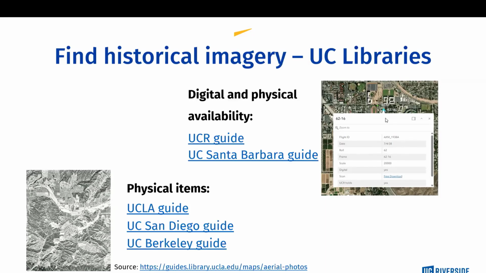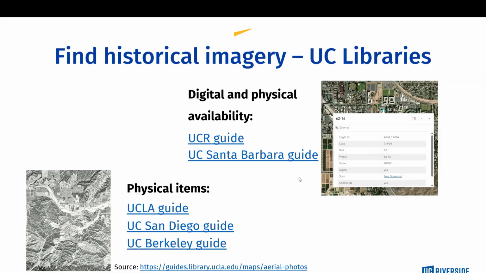So this is a screenshot showing the center point of a photo from 1938 that covers where our current campus is. And in this case, we do have a digital version of this image that you can also hold in your hand, but if you wanted to just download it, you could do that from this app that we've created.